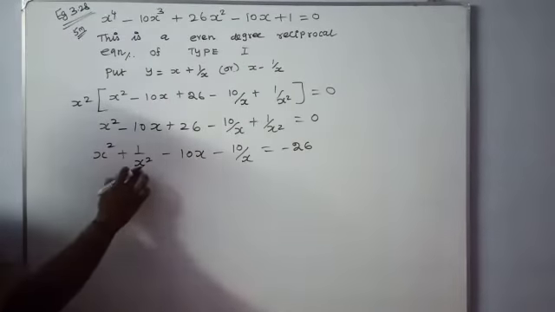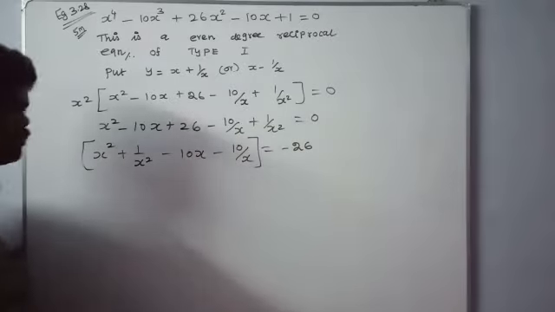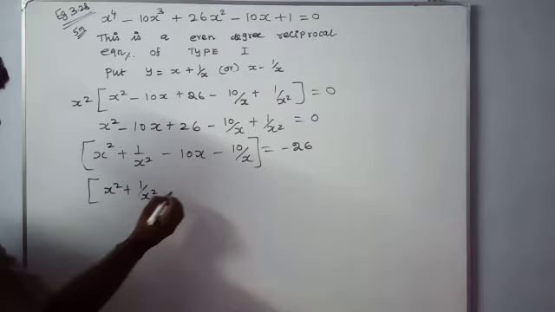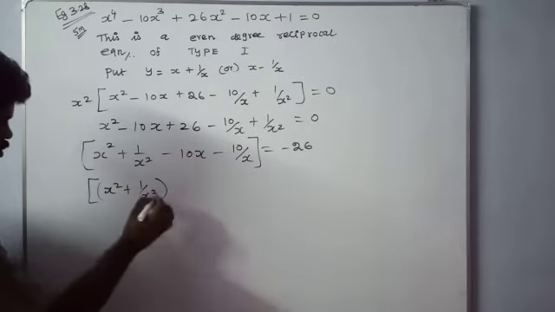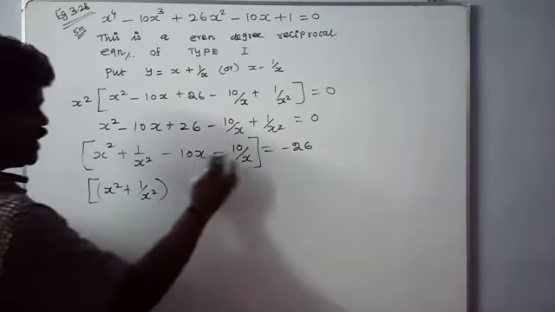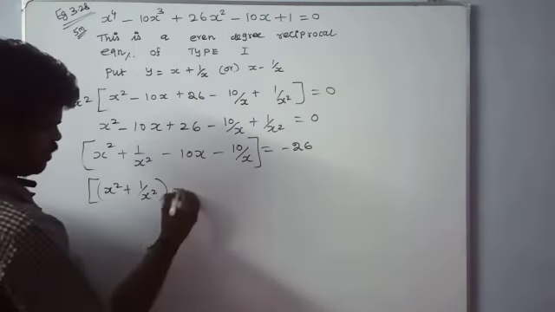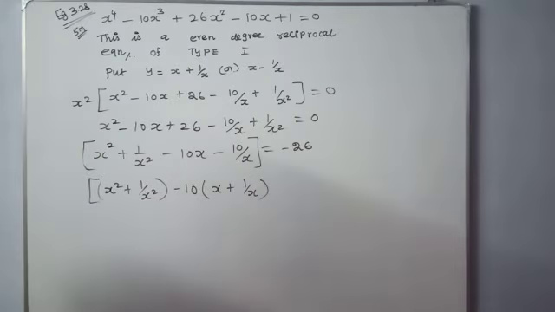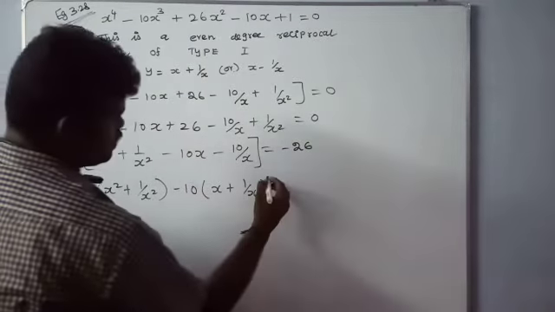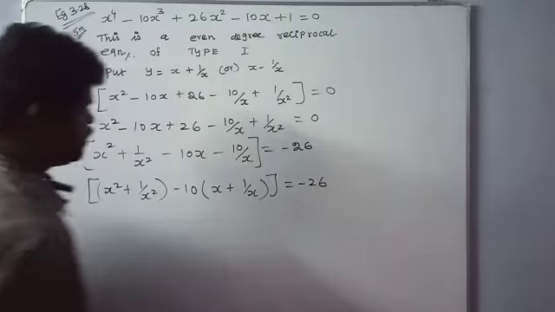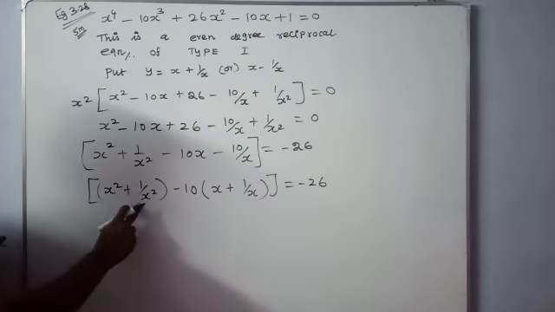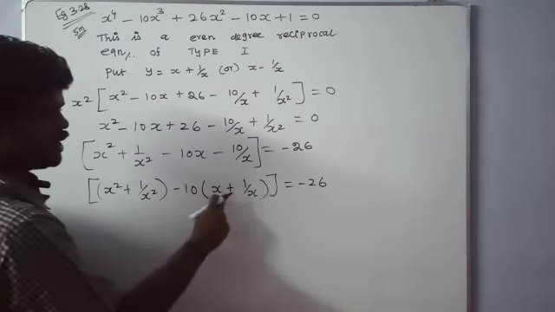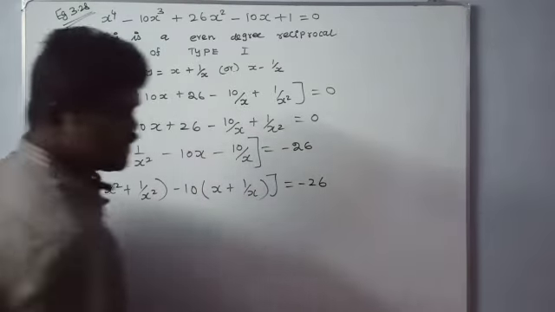Here x square plus 1 by x square is there. You want to write the bracket and take minus 10 from these two terms. Minus 10 x plus 1 by x is equal to minus 26.